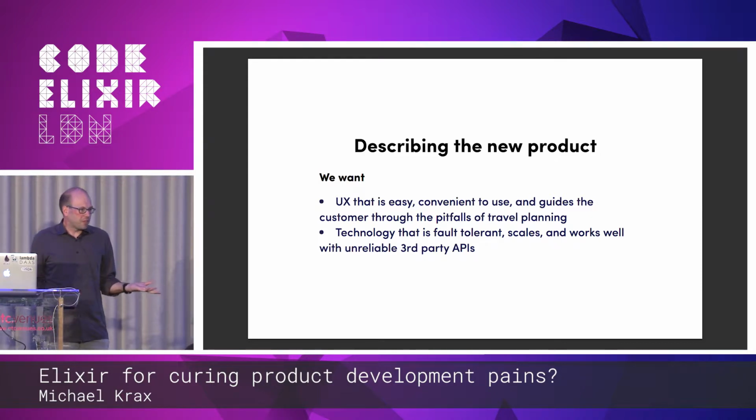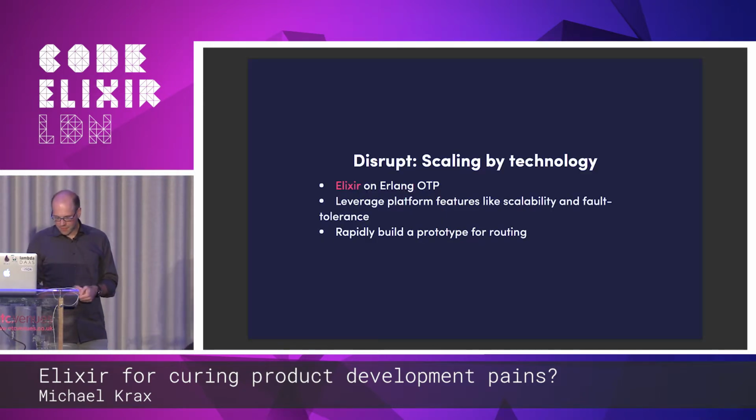And that's Elixir. It's actually Elixir on Erlang OTP on the Beam virtual machine, where we leverage those platform features that we heard about today and that you all know. So I don't have to go into those.